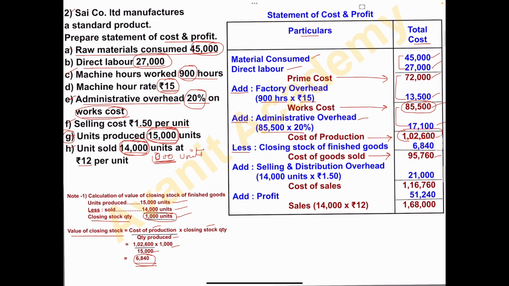Next head is add selling and distribution overhead. Read point F: selling cost is rupees 1 rupee 50 paise per unit. So the selling and distribution cost is 1.50 per unit. On 1 unit, the selling cost is 1.50.